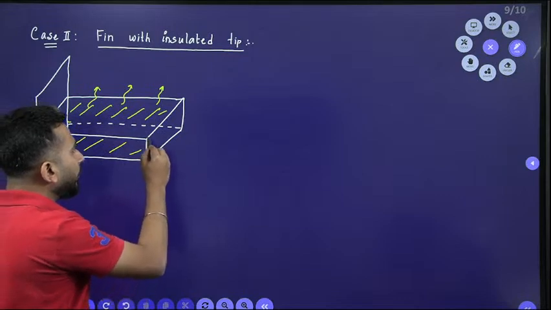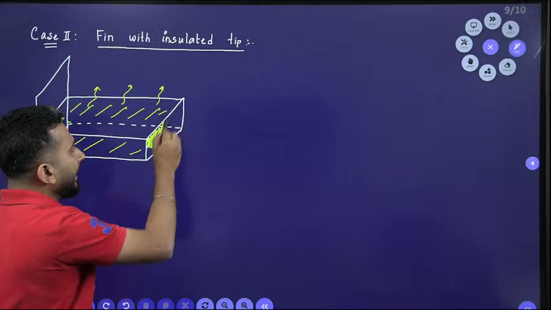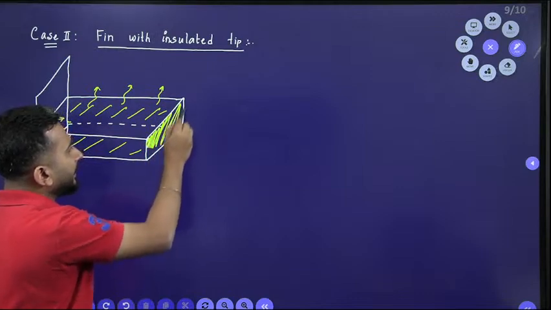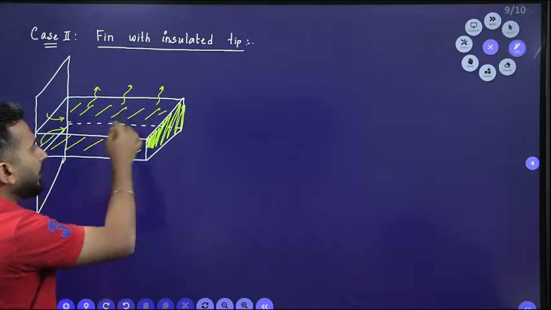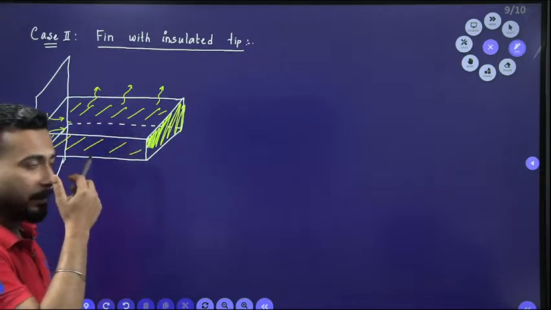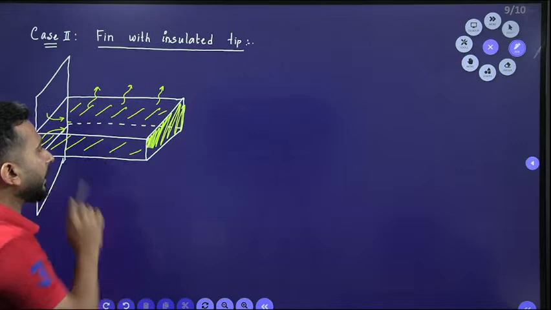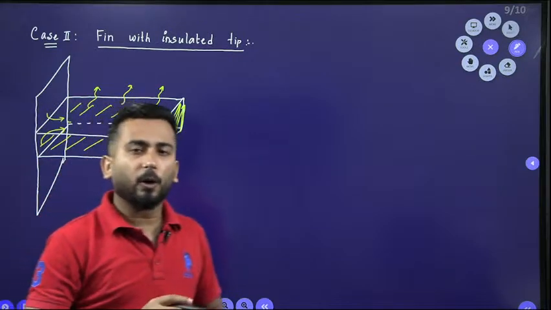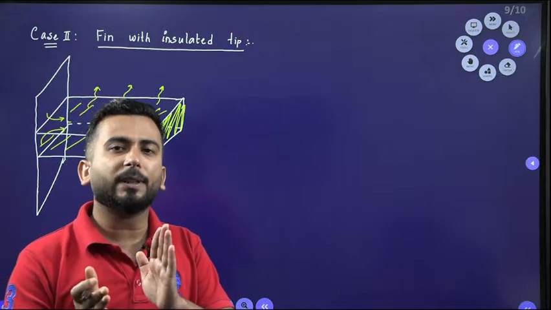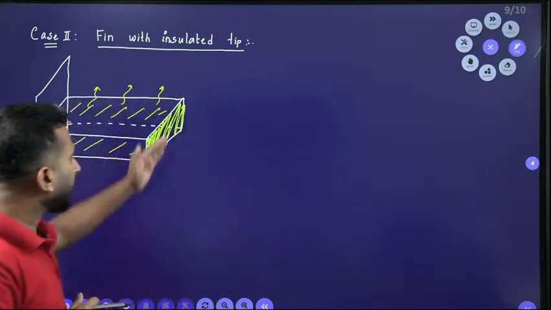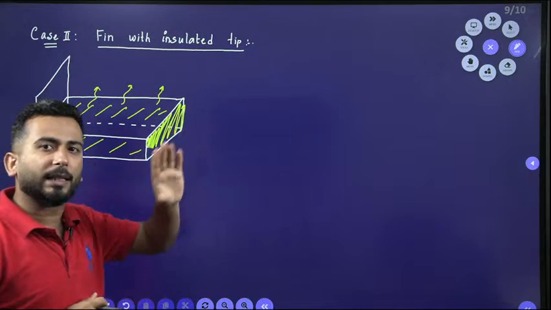Now if you see this tip face, it has a very small cross sectional area, or I can say the surface area is very small as compared to these 4 faces. So very safely I can ignore whatever heat is convected from here.